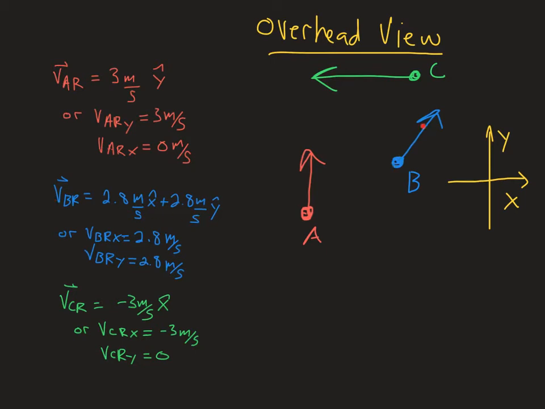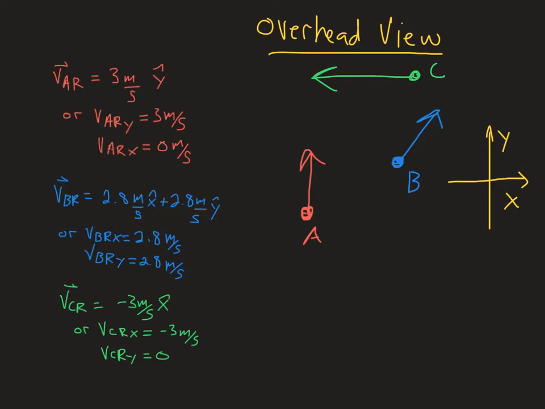Likewise, Bob here is running at an angle of 45 degrees to the y-axis, so northeast. And so he has a speed of 2.8 meters per second. His x component is 2.8, and his y is 2.8. The magnitude of this, if we actually solved it, we'd find out he's running 4 meters per second northeast. But if I split into the x, y components, this is what it is.